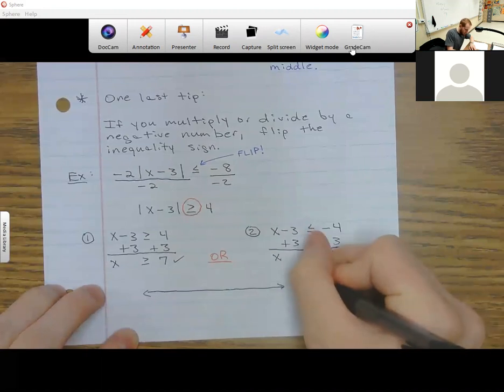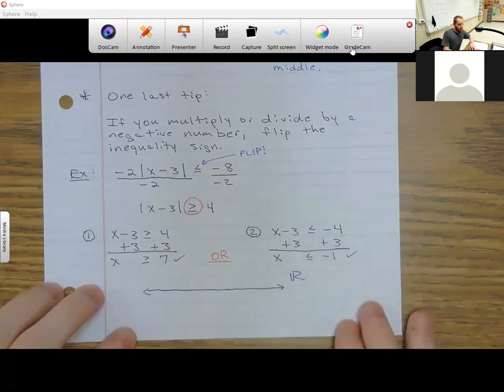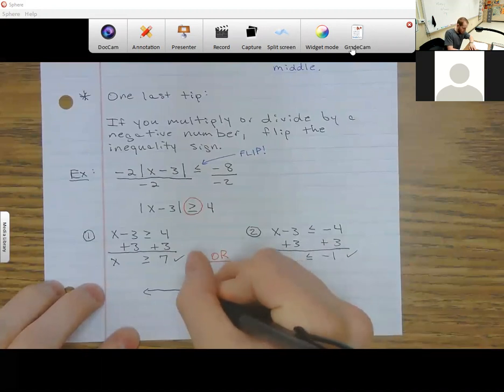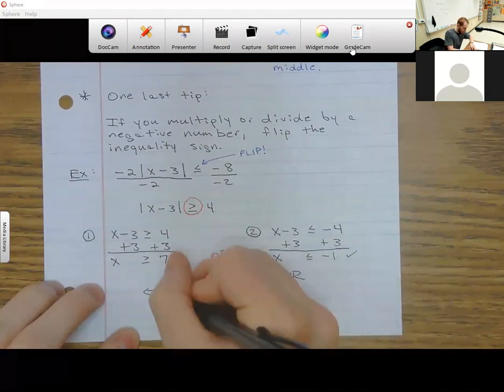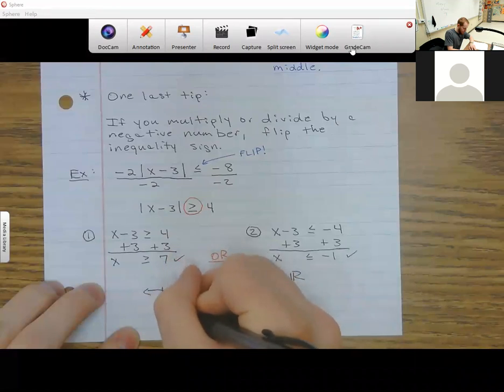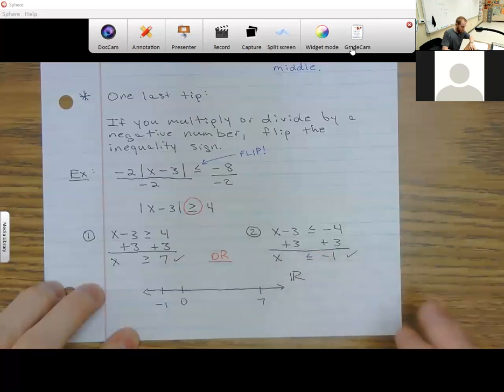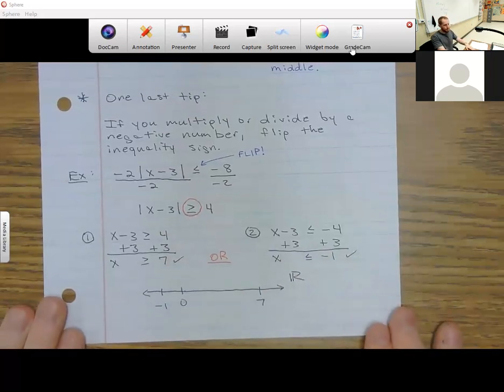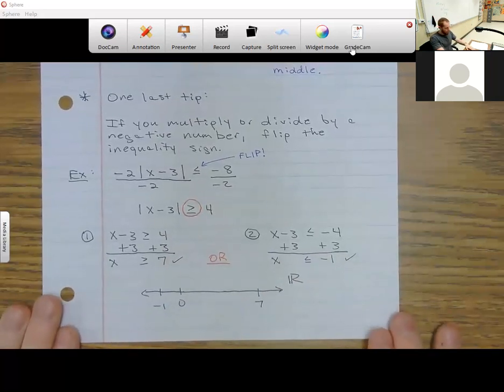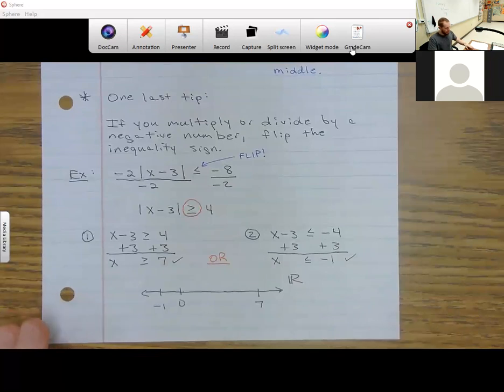Okay, my real number line. Let's put the 0 over here and the -1, and let's put the 7 over here. Okay, so I put my 3 numbers down and I'm ready to put down my dots. Since I got the greater than or equal to, I'm going to be using closed dots.